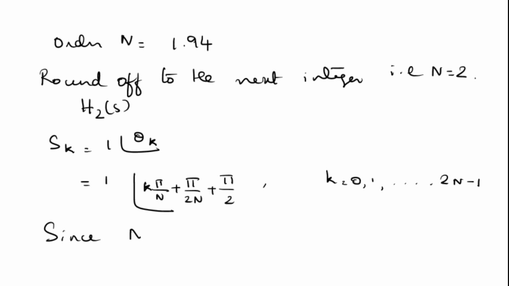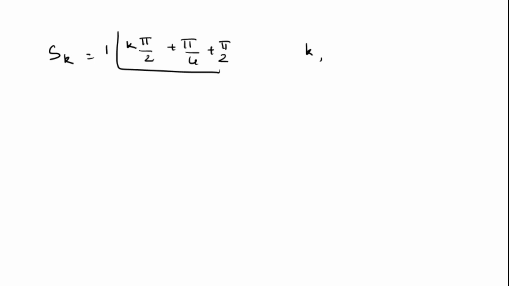Since N is equal to 2, we get sk is equal to 1 at an angle of (k pi by 2 plus pi by 4 plus pi by 2), where k varies from 0, 1, 2, 3.